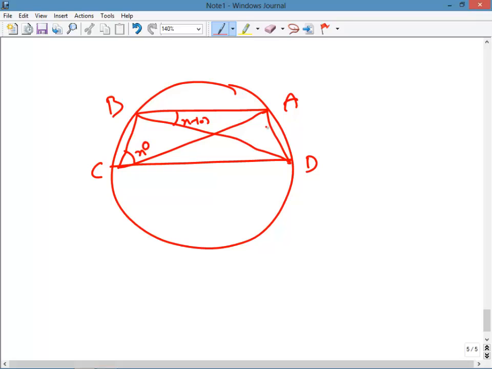And angle BDC equals x plus 10 degrees. Now just apply the segment concept once.